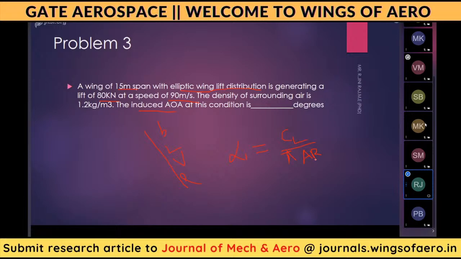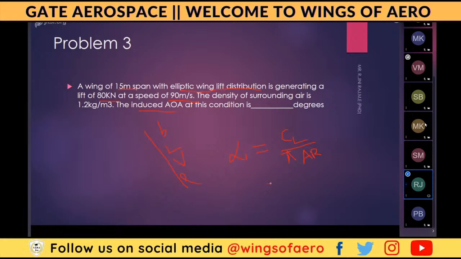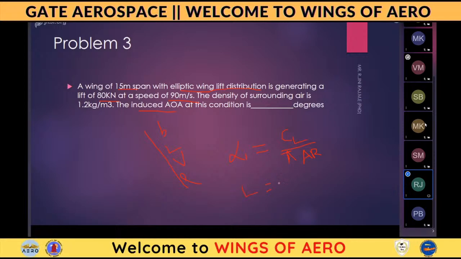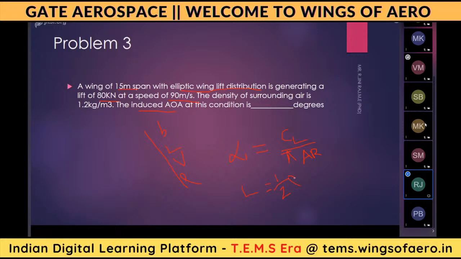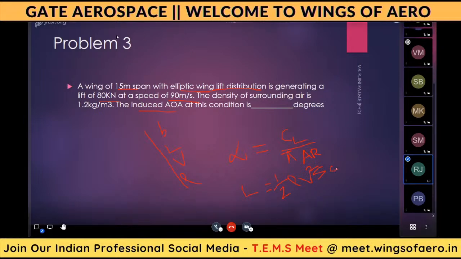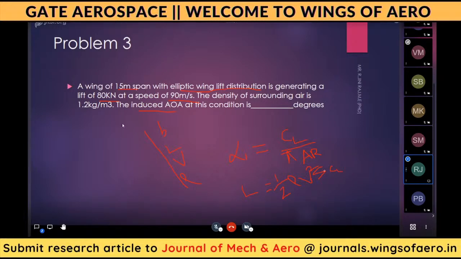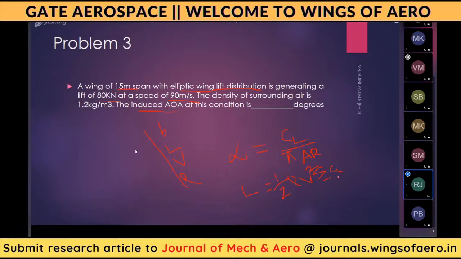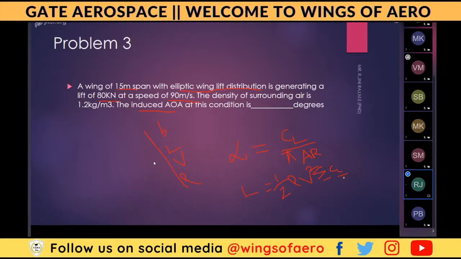So I'll be explaining how we will solve this problem. We know L equals half rho V square S into CL. We don't know S and we don't know CL.